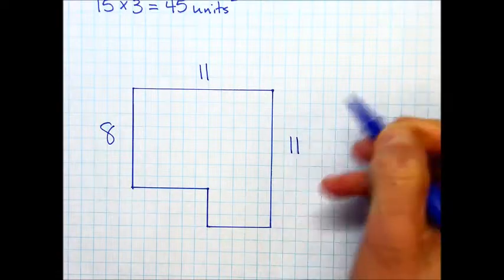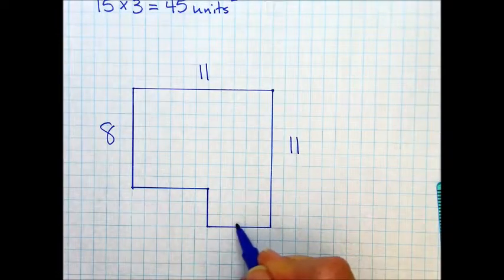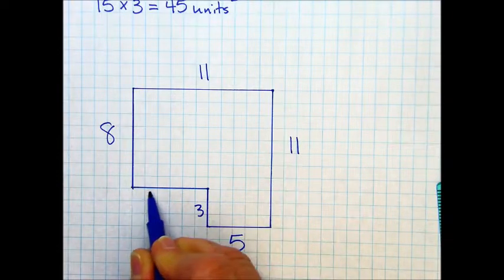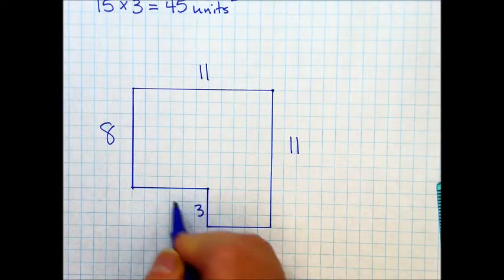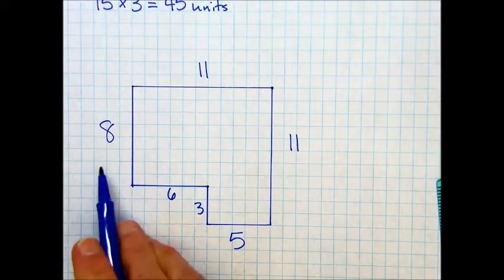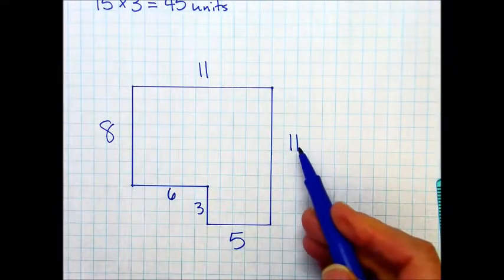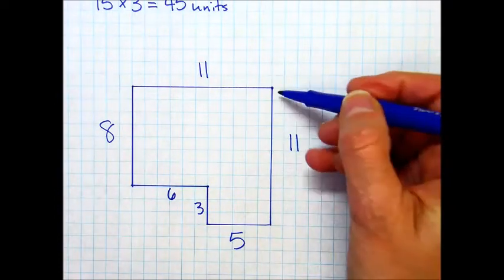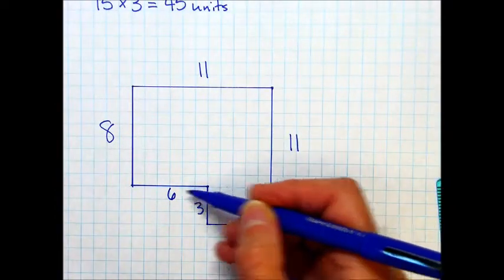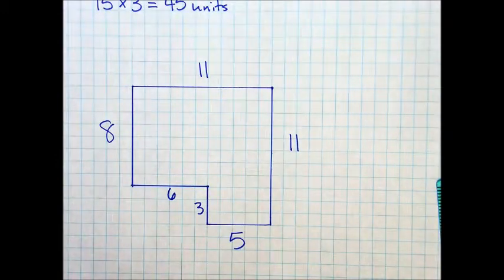And 11 here. 5, 3, and 6. So 8, 11, 11. So if I were to go down 11, 5, 3, and 6.